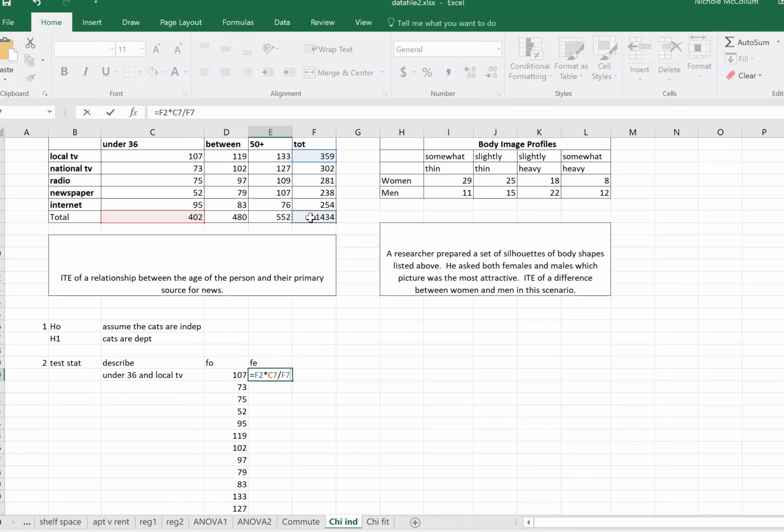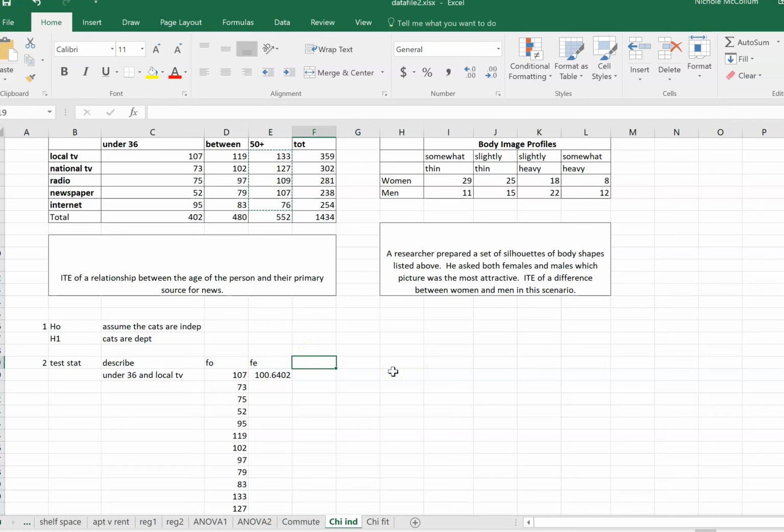If age and TV are independent, this is what's expected, coming from basic probability theory: the total of local TV times the total of age, that's the independence factor, divided by the 1434 to get an expectation. And that is our number, 100.64.